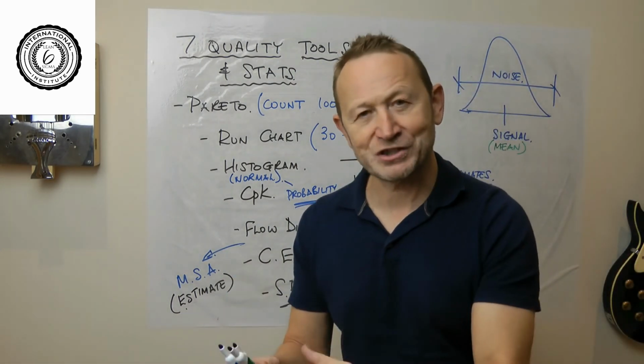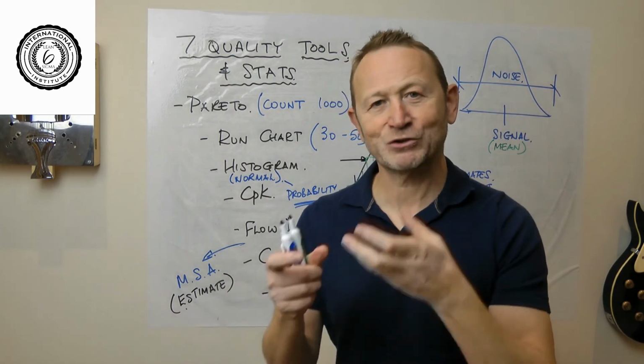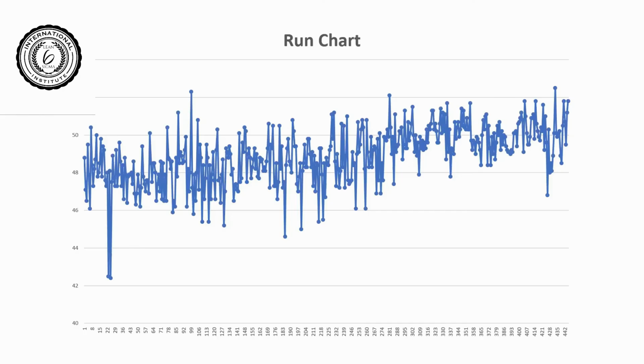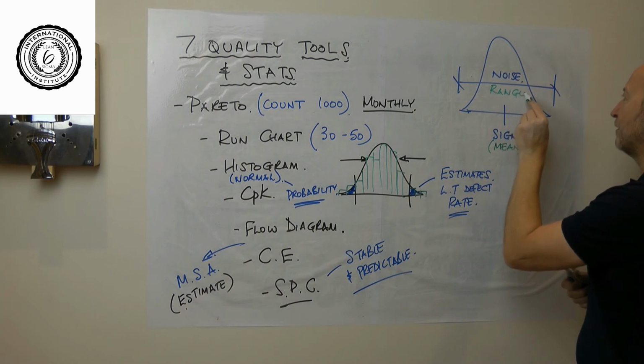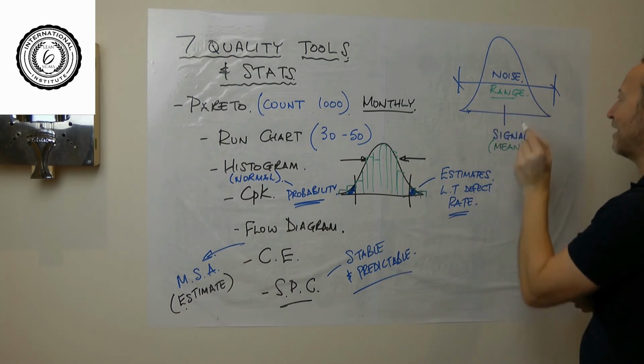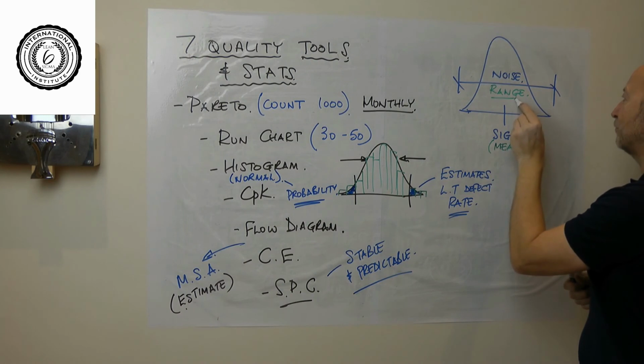Okay, so if we look at this data set that we looked at earlier, we looked at the run chart. I look at the run chart to assess that the process is nice and stable. You can see that on this run chart here that we looked at earlier. The other thing I'm looking for, of course, is that the noise doesn't move. Now, the noise really is the range. Of course, the way that we assess that is often via standard deviation.